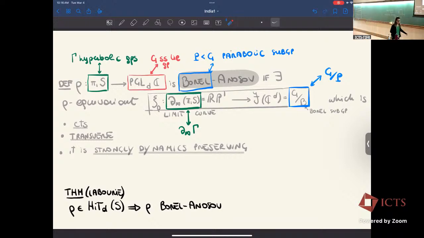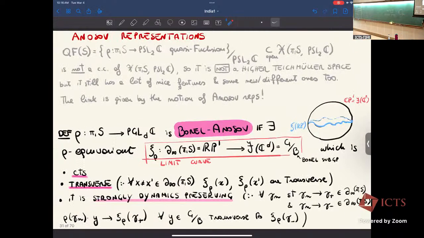Sorry, the slide before. Why is quasi-Fuchsian space not a higher Teichmüller space? Yeah, so the way we define higher Teichmüller setting is that you want the whole component to be made of discrete groups. For the quasi-Fuchsian setting in PSL2C, you have two components. And in the same component where you have quasi-Fuchsian space, you can deform continuously until the trivial representation.